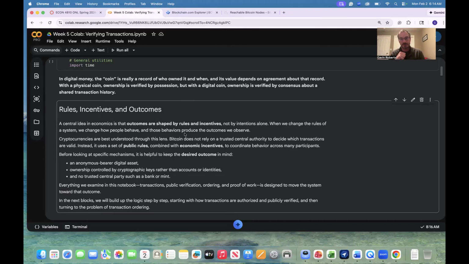That's legitimate ownership, and then I can use the coin to buy something. Now, what would be a substitute for that in the digital world where there's not actually a physical coin? Displaying the entire history of movements of the coin would be a substitute for that.